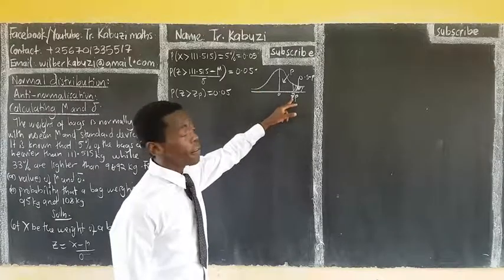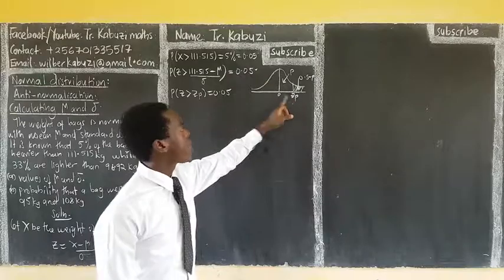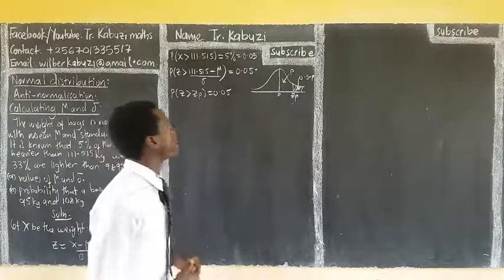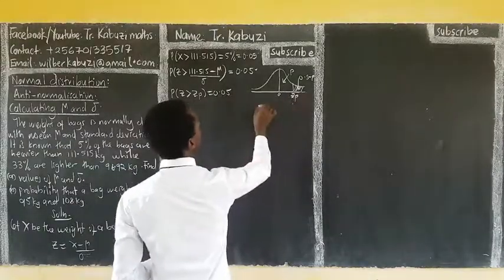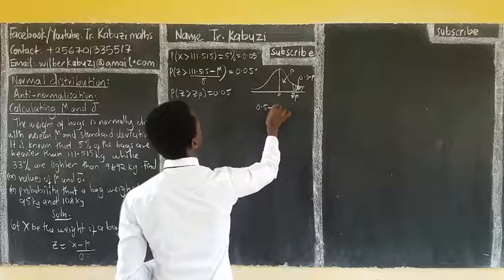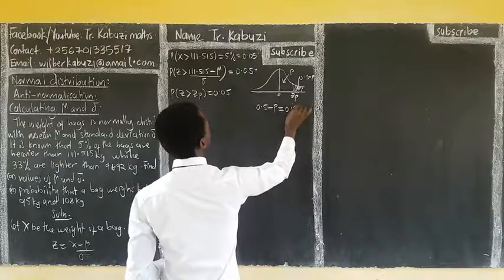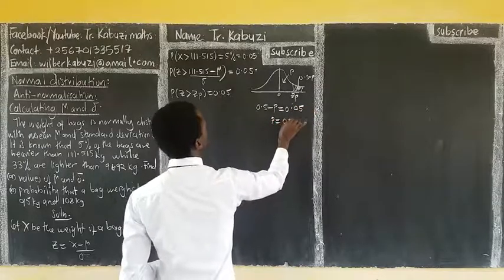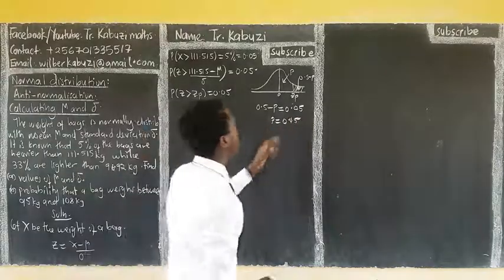If this side is greater, it should be strictly when the probability here is less than 0.5. So how do you do this? It means that our 0.5 minus P, they are giving us this probability as 0.05. So make P the subject, we have 0.45. As simple as that, you take this and take this beside.